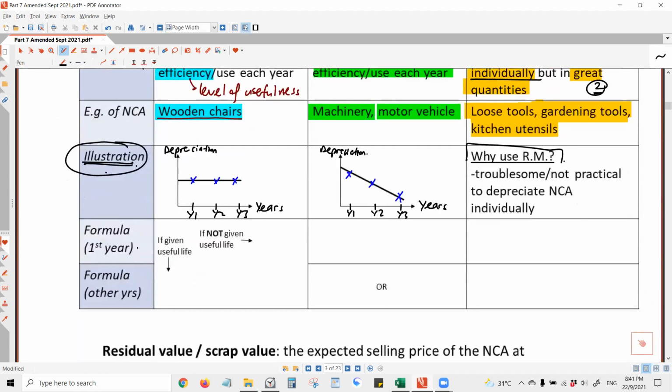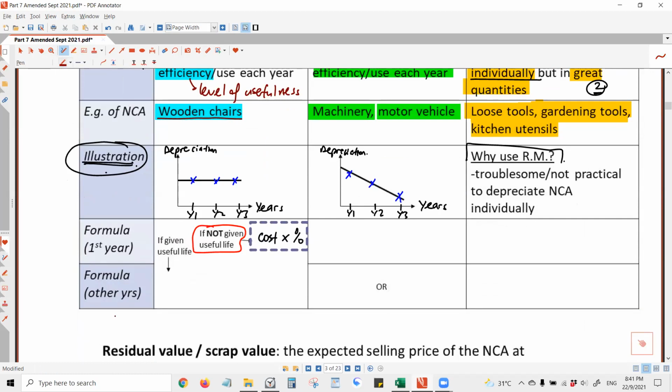You write with me the first formula. Cost times percentage. This is the formula to calculate depreciation if you are not given useful life. If you are not given useful life in the exam question, then you take cost times percentage. What does the percentage mean?